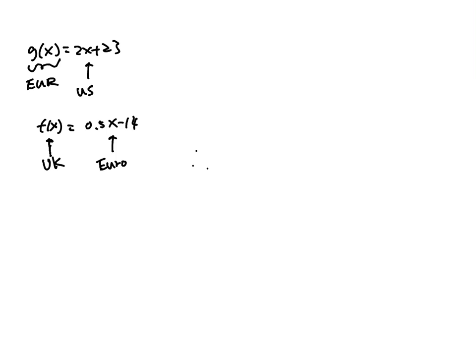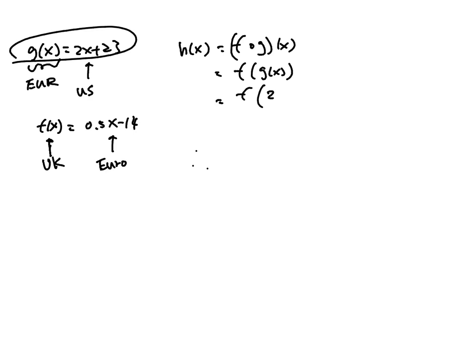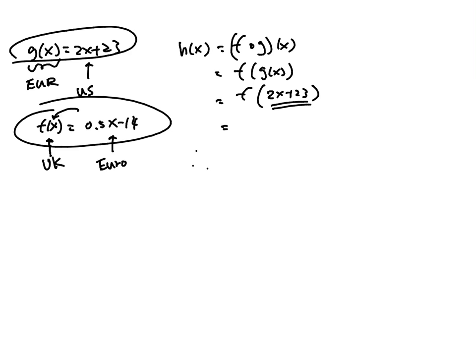Alright, so part A, they set up for us h of x, which is the function that relates US directly to UK, is f circle g of x. So let's go ahead and find that function. So this is f of g of x, which means f of the g of x right here, 2x plus 23. That means now we're using this. So wherever you see x, you replace with 2x plus 23.